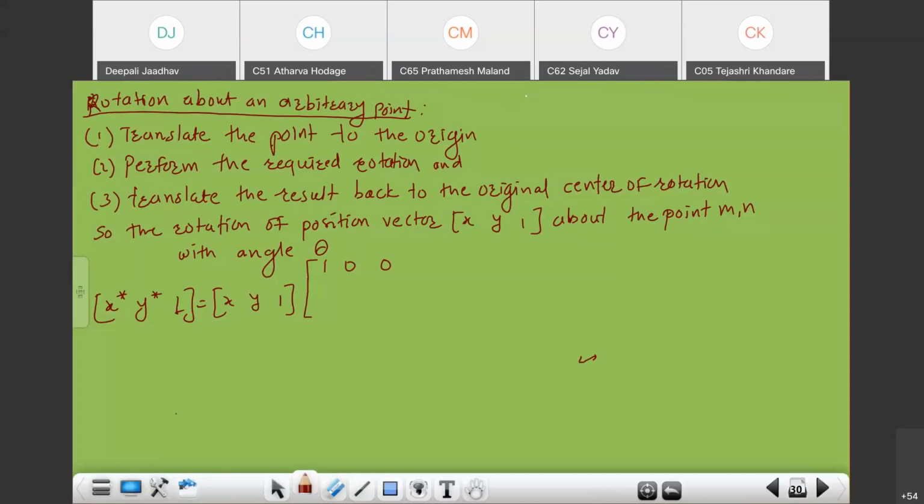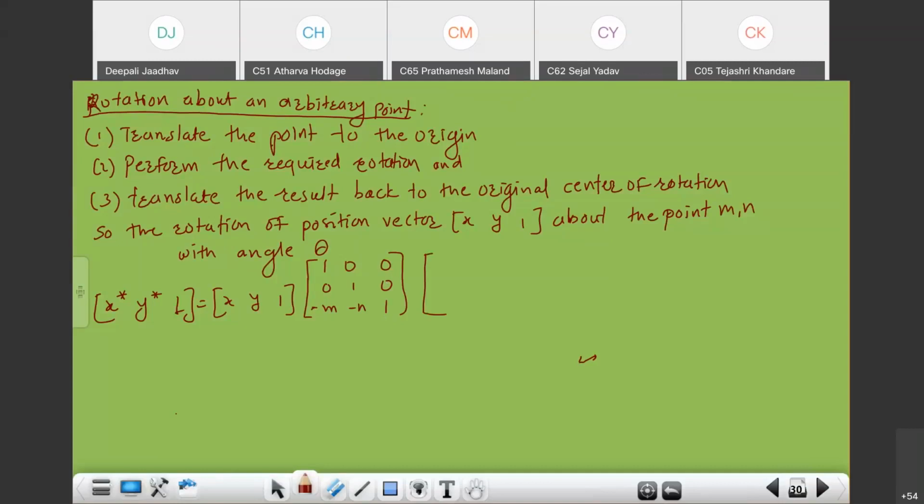The matrix is 1, 0, 0; 0, 1, 0; and at tx and ty I write minus M, minus N, and 1. So this is the first transformation matrix, to translate the point to the origin. Then next, rotate it with the given angle.